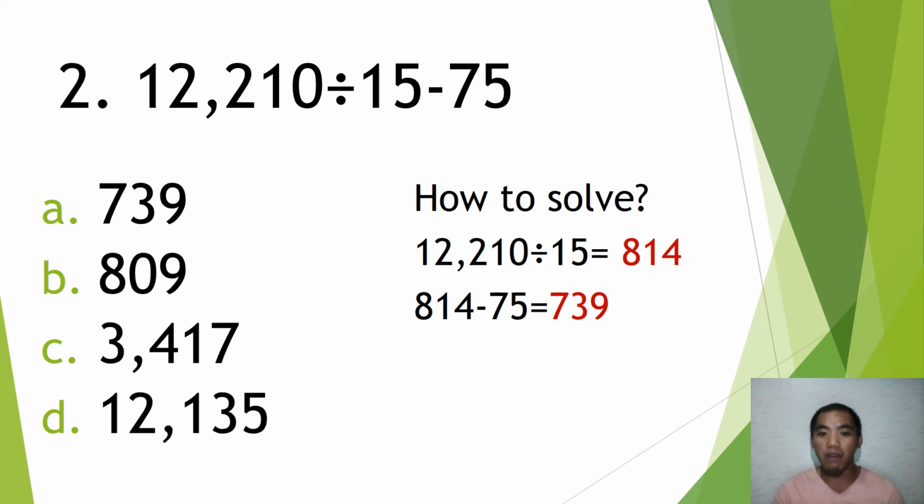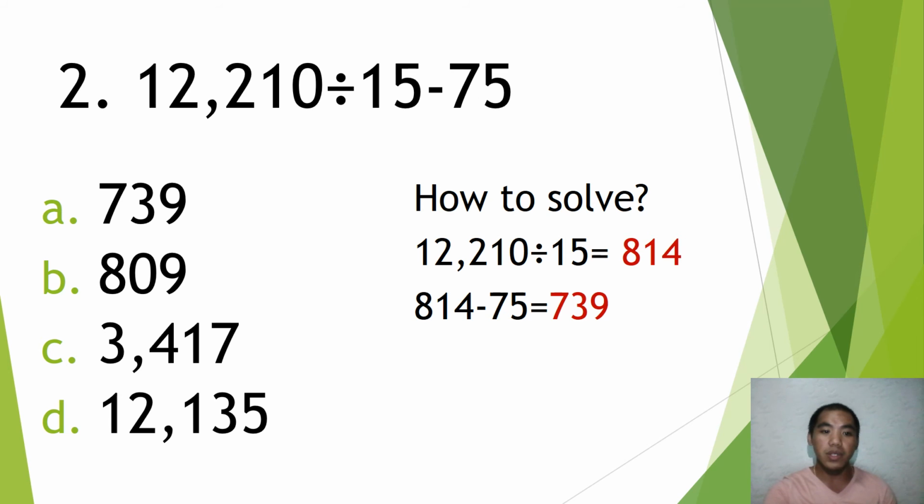So since we have here division and subtraction, we are going to solve first 12,210 divided by 15, which is 814. And then after that, you're going to subtract 75 from 814. So if we solve for that, the answer is 739.